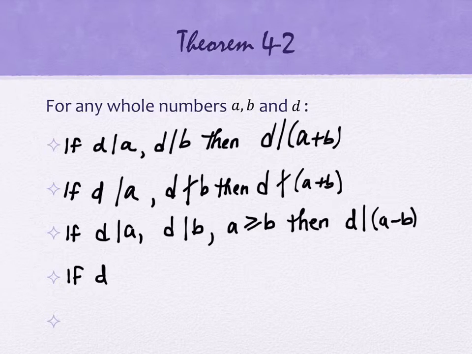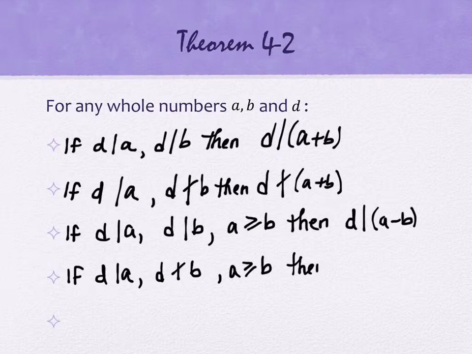If D divides A, D does not divide B, and A is greater than or equal to B, then D does not divide A minus B. All right, last one.